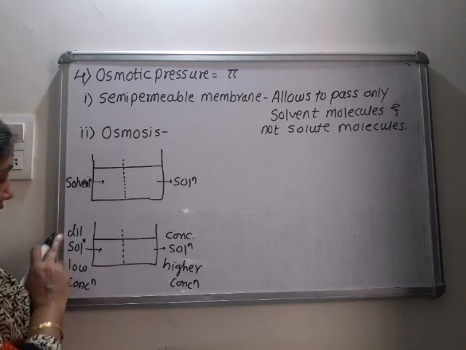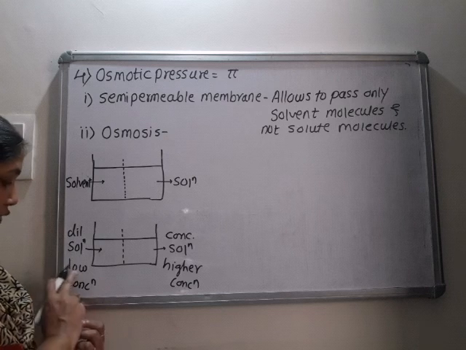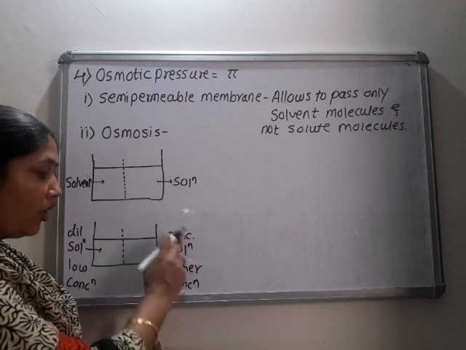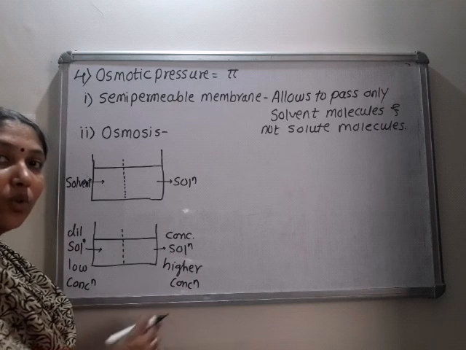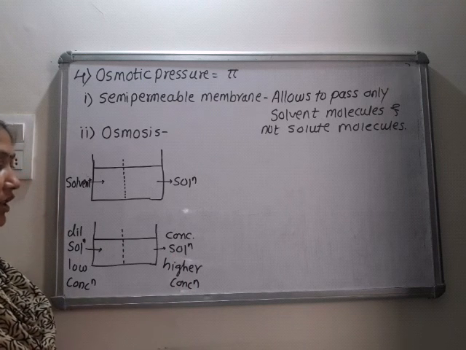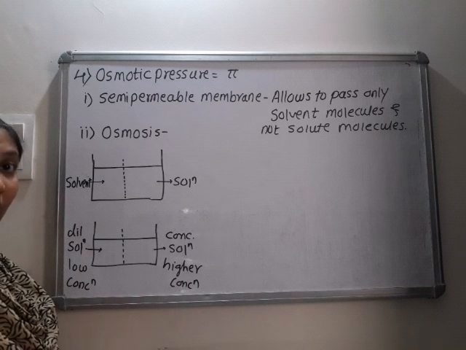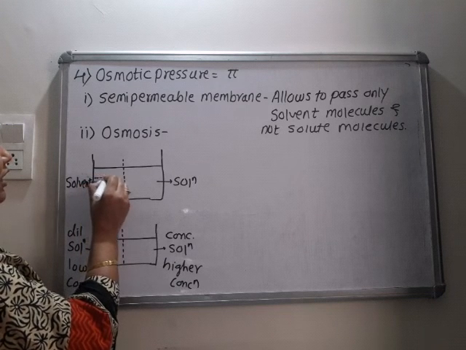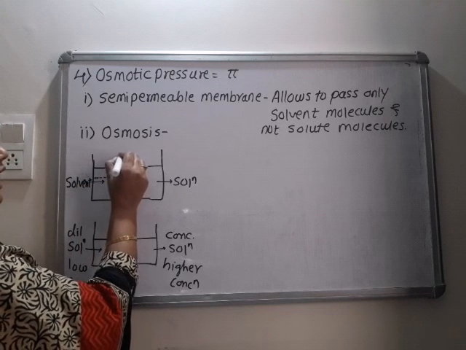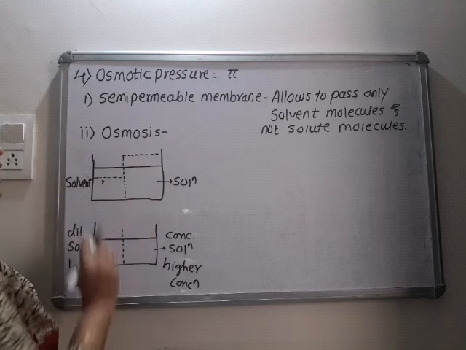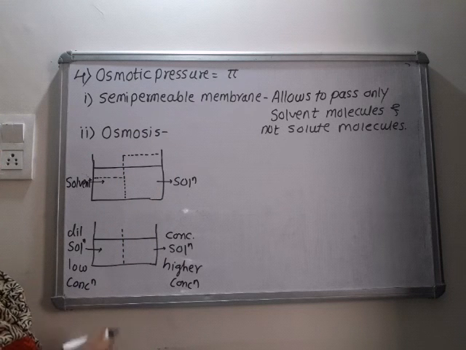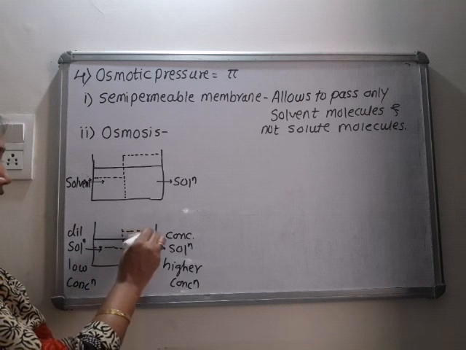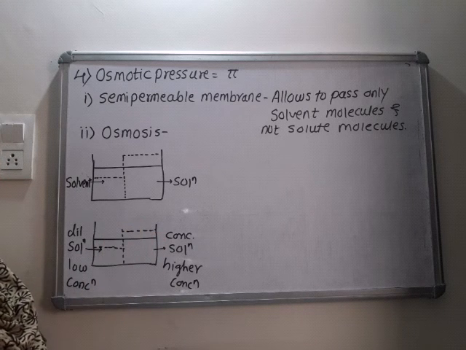One compartment contains dilute solution, that is solution at lower concentration. The other compartment contains concentrated solution, that is solution at higher concentration. What is found? After some time, the solvent level is decreased and the solution level is increased. Here also this level is decreased and this level is increased.